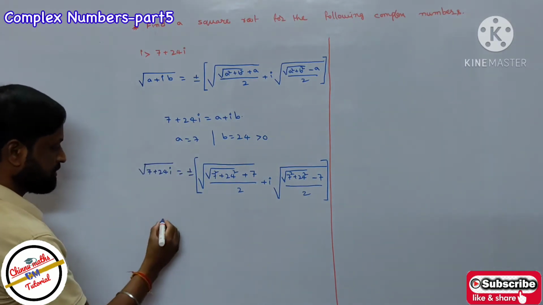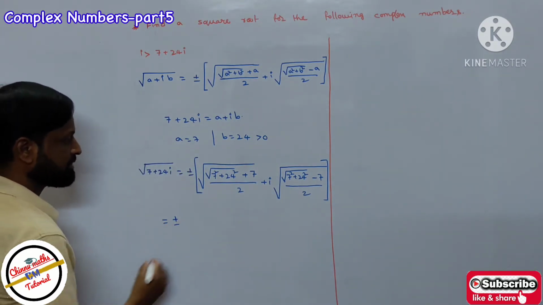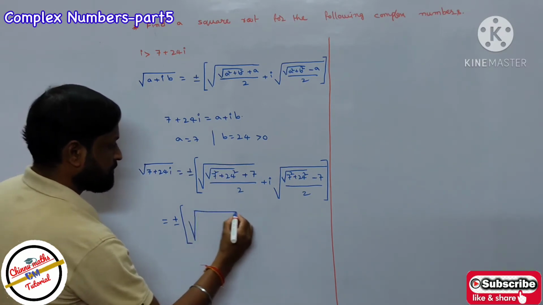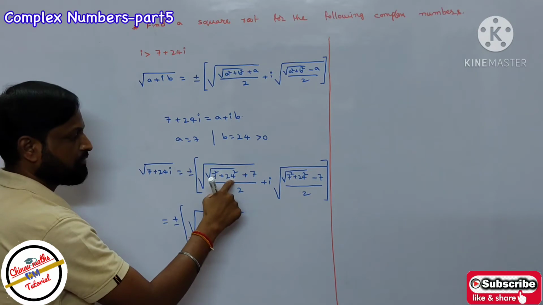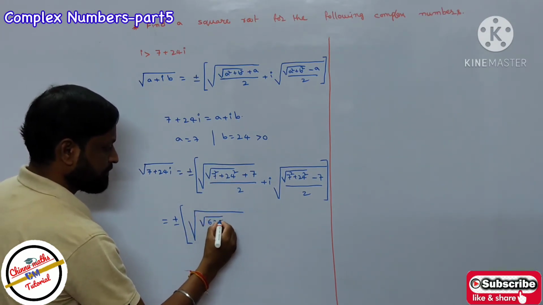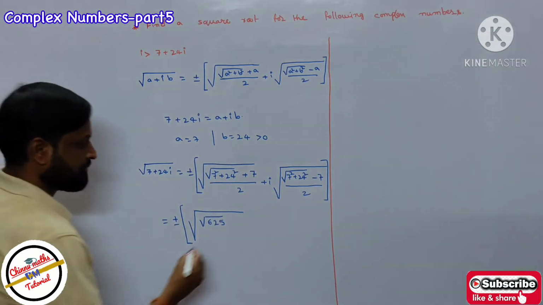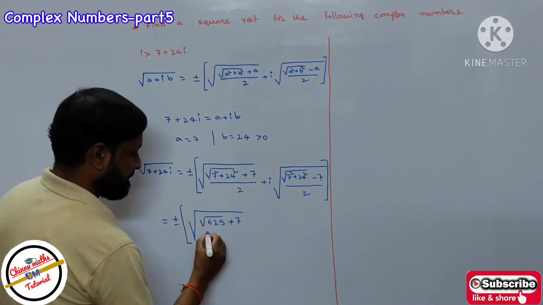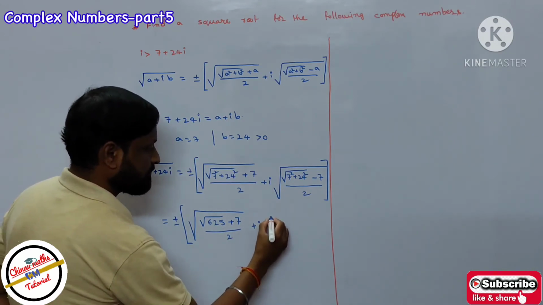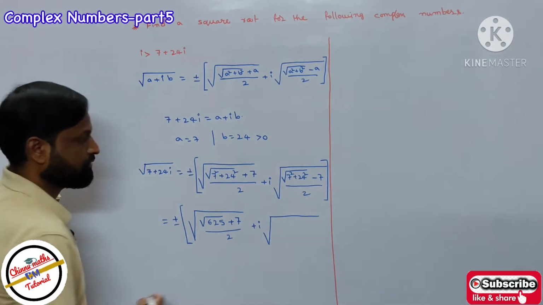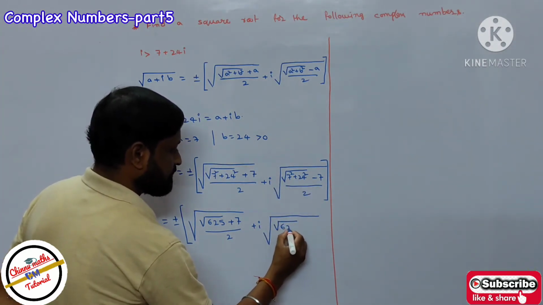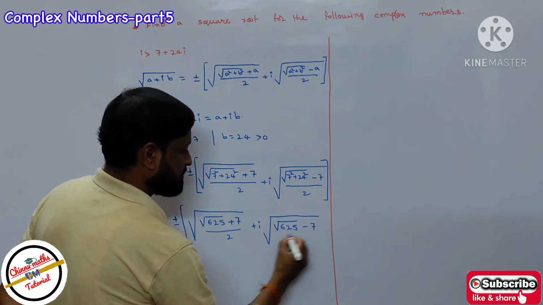Clear? So it is equal to plus or minus square root of, 7 square plus 24 square, the total value equals 625. The square root of 625 plus 7 by 2, plus i into square root of, this total square root value equals 625, minus 7 by 2.